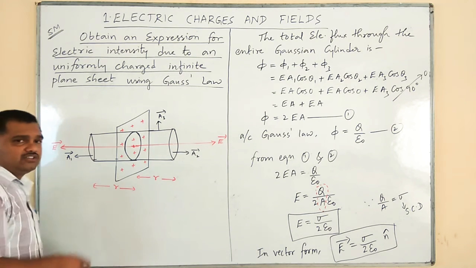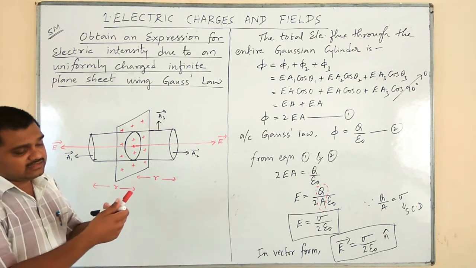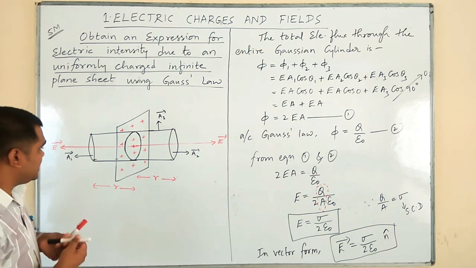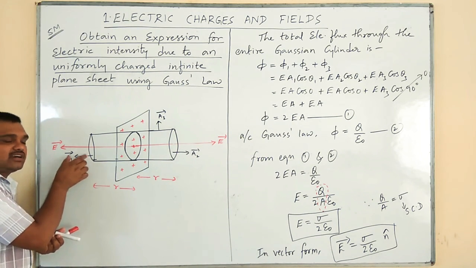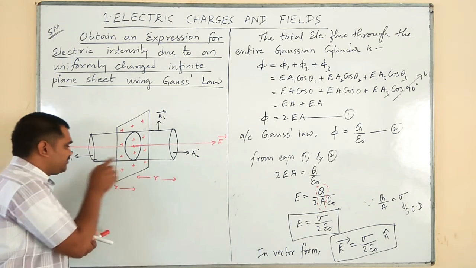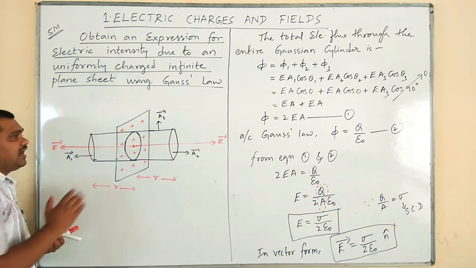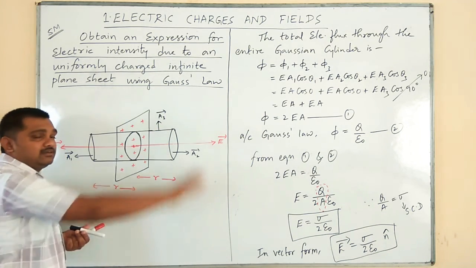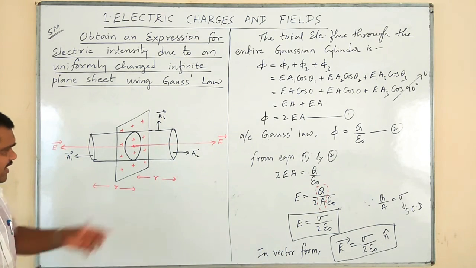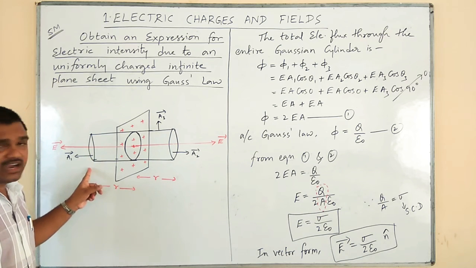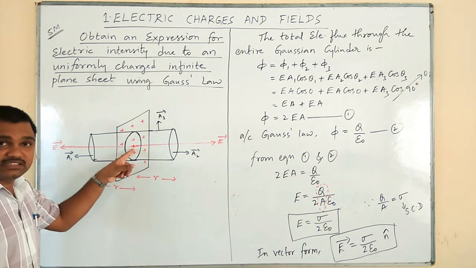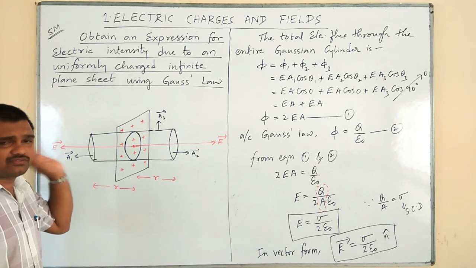As you know well, a cylinder consists of 2 flat surfaces and 1 curved surface. I have called the area vectors for 2 flat surfaces as A1 and A2, and the area of this curved surface as A3. Okay, so both the flat ends are at the same distance from the center of the sheet.